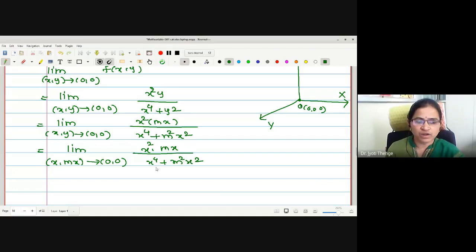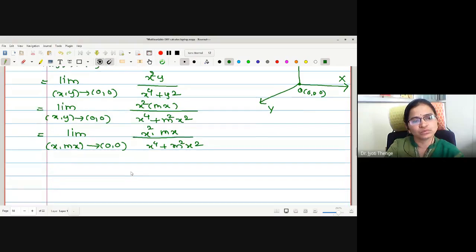Instead of putting mx as 0, we are putting x equal to 0. Because if mx tends to 0, it doesn't mean that m tends to 0. Right now x tends to 0. Therefore m may or may not be 0. Right? Therefore let me put x tends to 0.